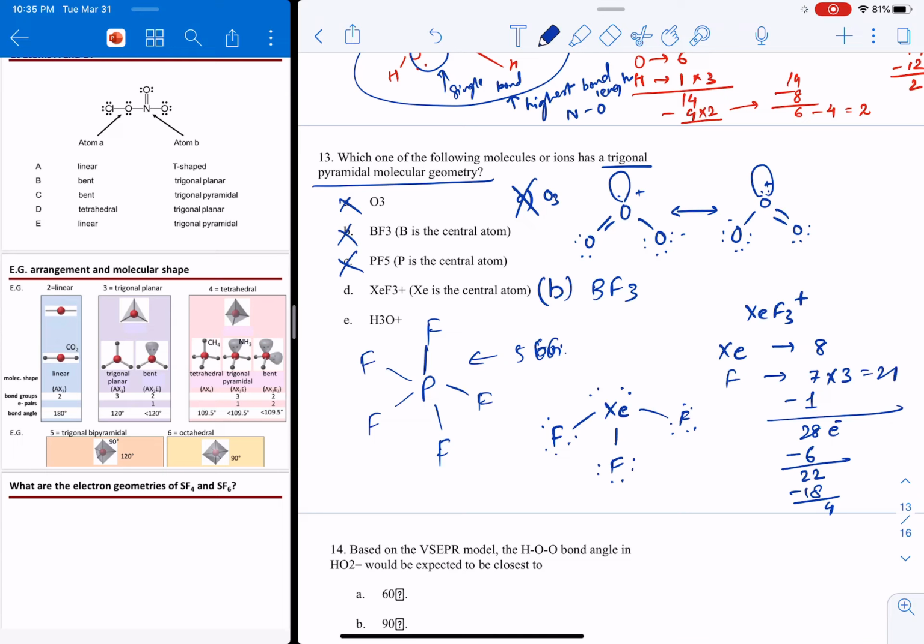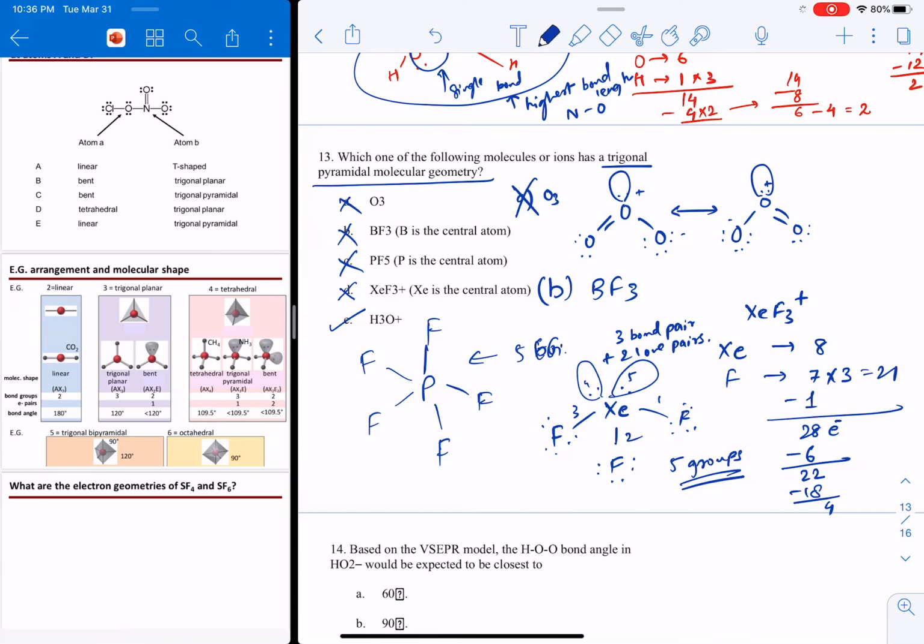So if you count, we have 3 bond pairs and 2 lone pairs. So in that way, we have 5 groups. And if you see 5, it forms trigonal bipyramidal, so that wouldn't be an answer. So XeF3+ is not the answer. So generally by that rule, E is the answer.